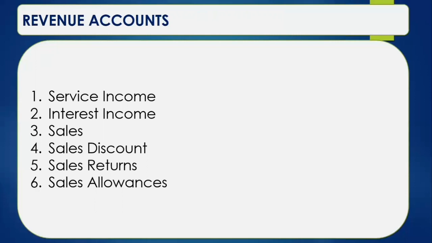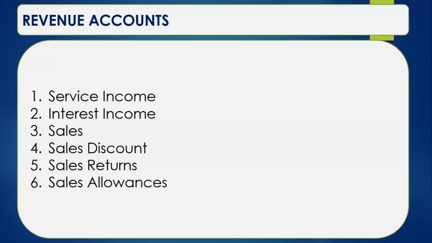Now, when we say service income, this type of account is usually used by companies, especially those who render services, in order to earn an income. So in short, we can only use this account name, especially if the type of the business is a service industry. Examples of this type are beauty parlors or beauty salons, barber shops, repair shops.